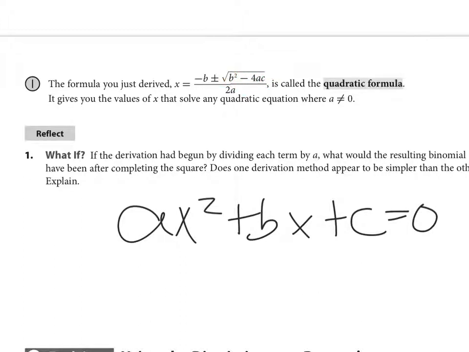Well, we can't take the square root of a negative number. That's called imaginary, and you'll deal with imaginary numbers when you get into Algebra 2. But graphically, what that means is that the parabola on a graph does not cross the x-axis. Therefore, it has no real solutions, again, referred to as imaginary.